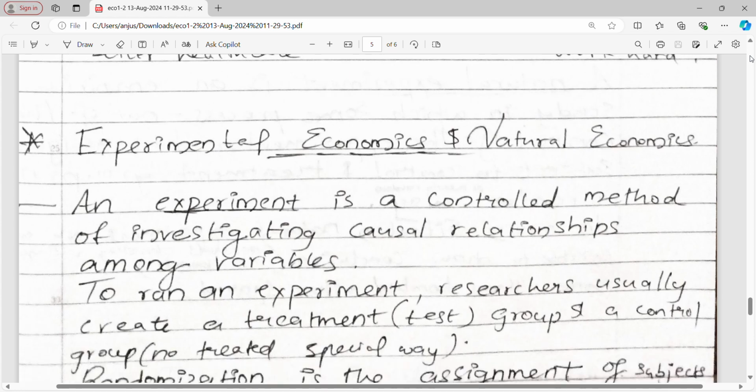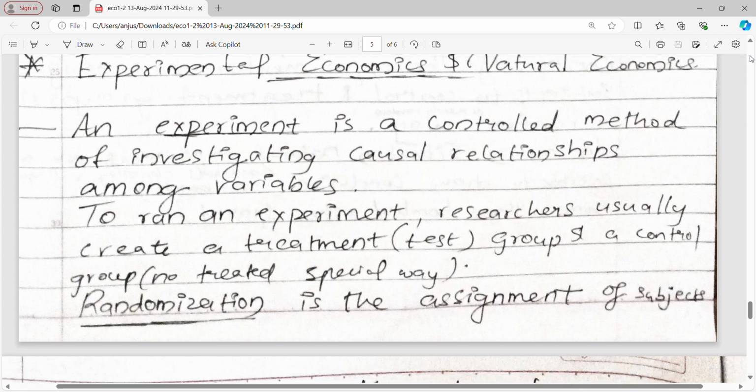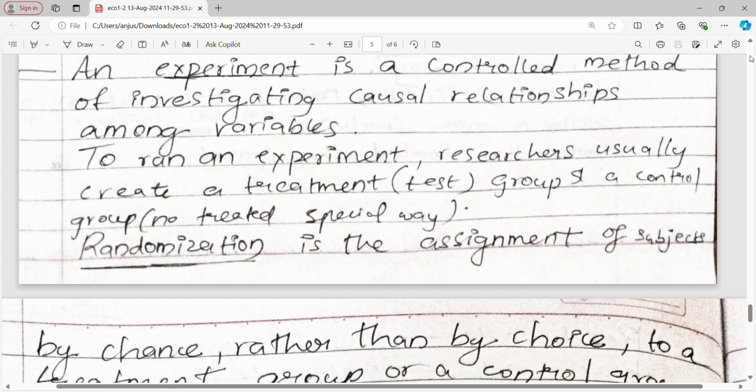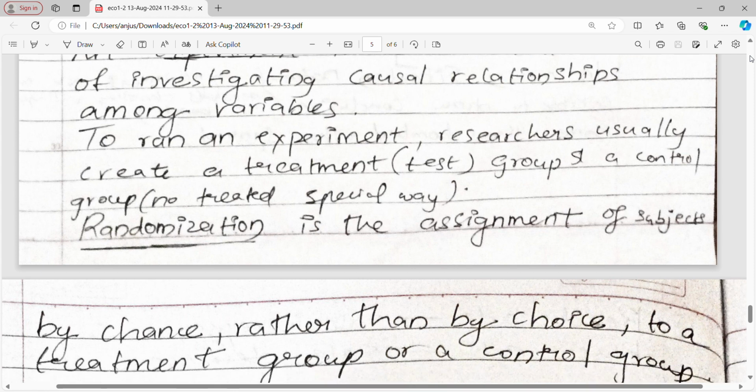Next is experimental economics and natural economics. An experiment is a controlled method of investigating causal relationships among variables. To run an experiment, researchers usually create a treatment, that is a test group, and a control group.